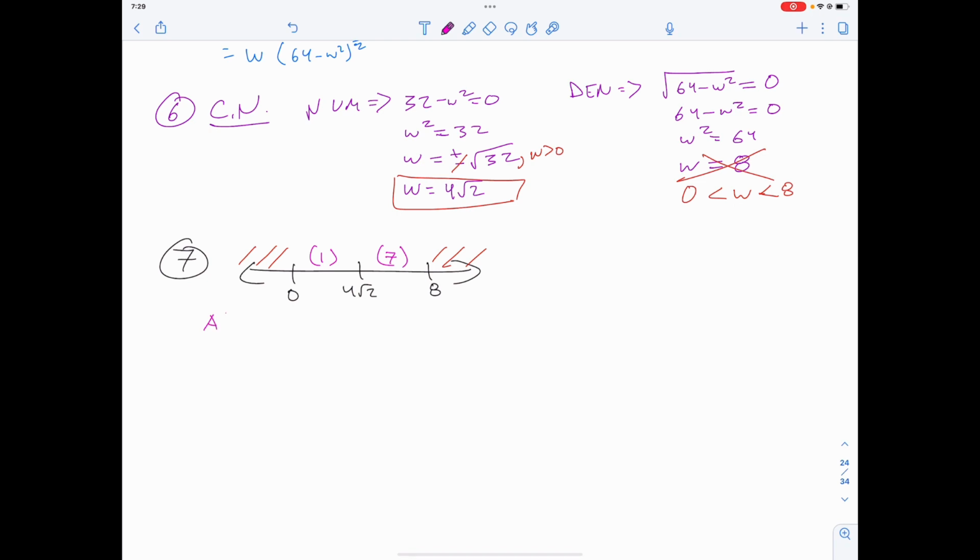Which means A prime of W, if I use 1, is positive. If I use 7, it is negative. Which means that my A of W is going to be increasing, then decreasing, and there is my max.